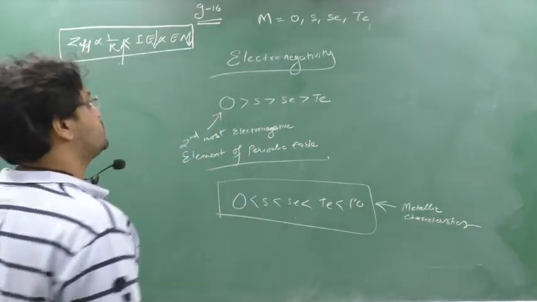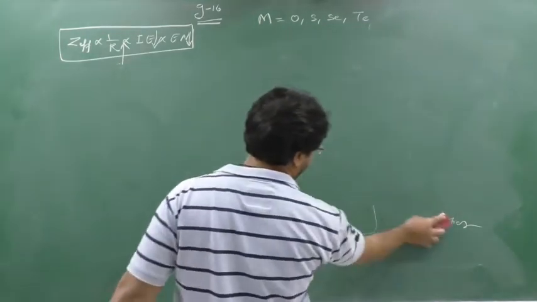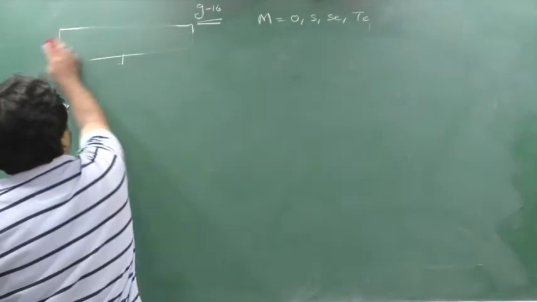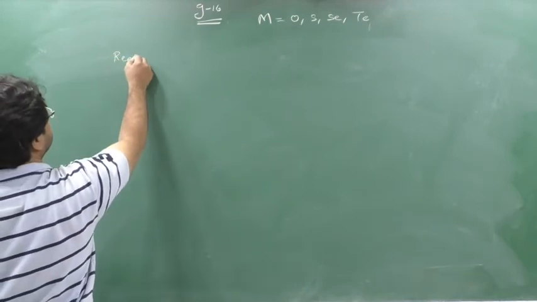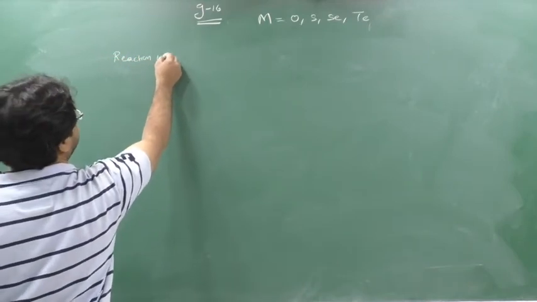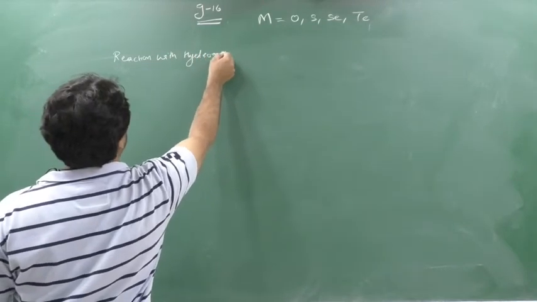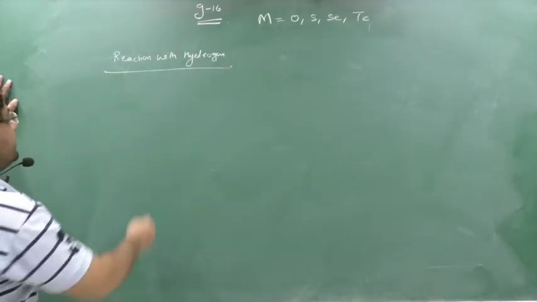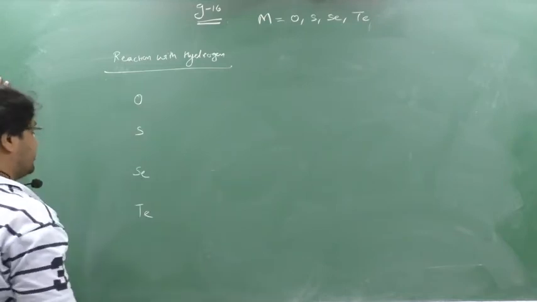Clear? So next topic, you can write down the reaction with hydrogen of group number 16. We know that group 16 elements are oxygen, sulfur, selenium, tellurium, polonium I am not considering.